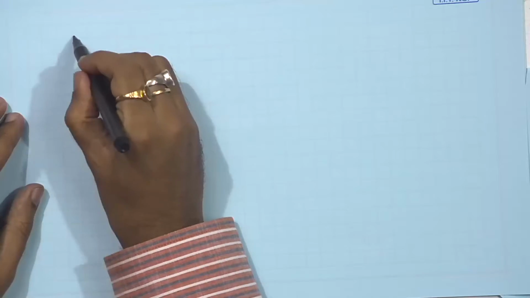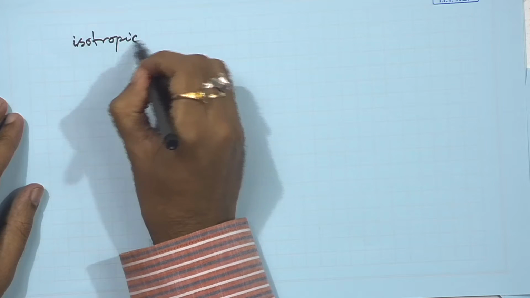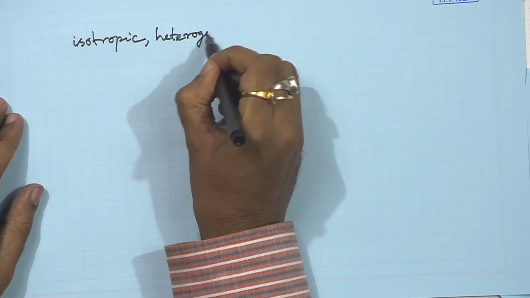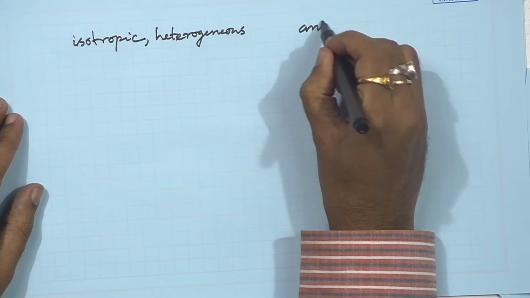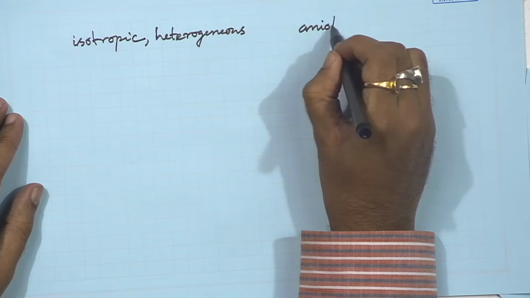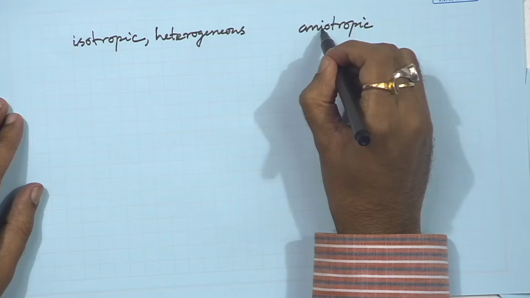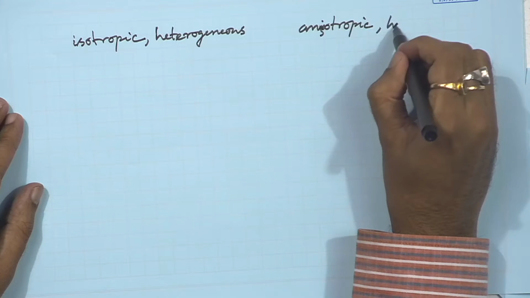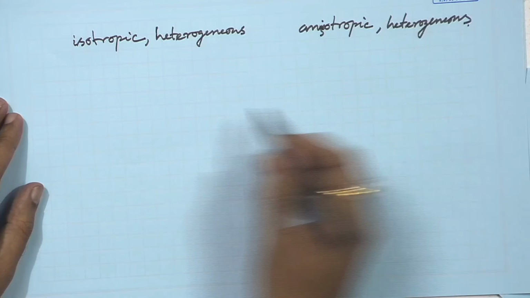So, the third combination can be isotropic heterogeneous and anisotropic heterogeneous.